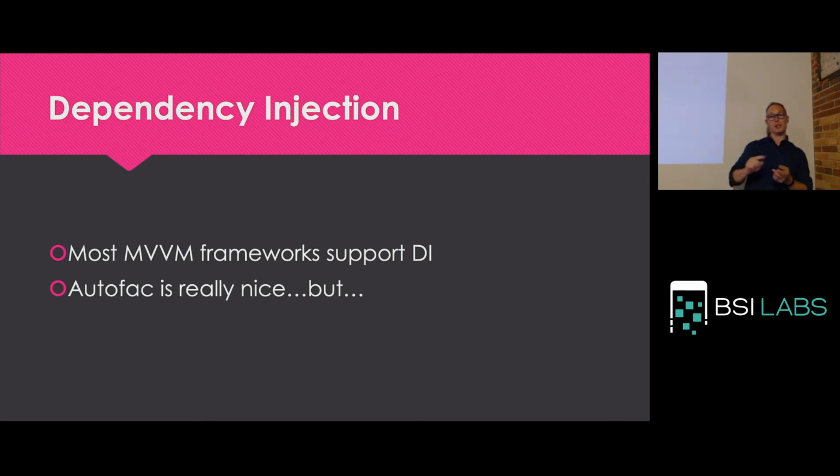So you've got a repository which helps you get data from the server, and you've got a device service that helps you check whether you're online. So you've got two services. If you're not using dependency injection, what you do with the repository is you would just go var my repository equals new repository, and away you'd go.